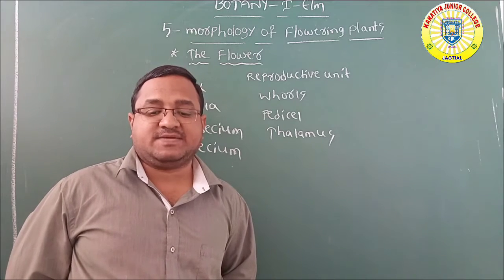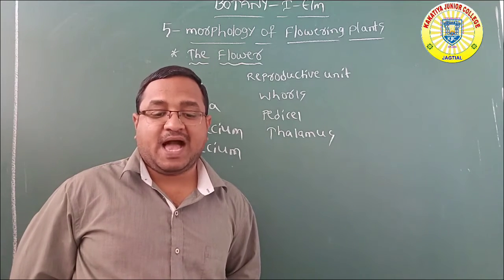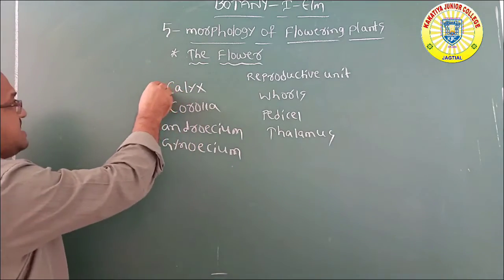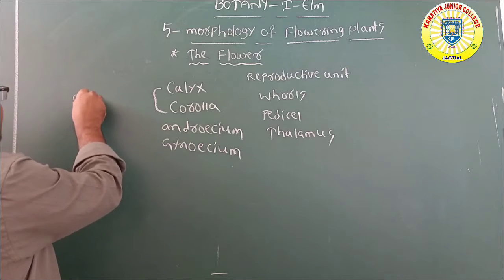Here you can see calyx and corolla are accessory organs, whereas androecium and gynoecium are reproductive organs. Calyx and corolla are accessory organs.